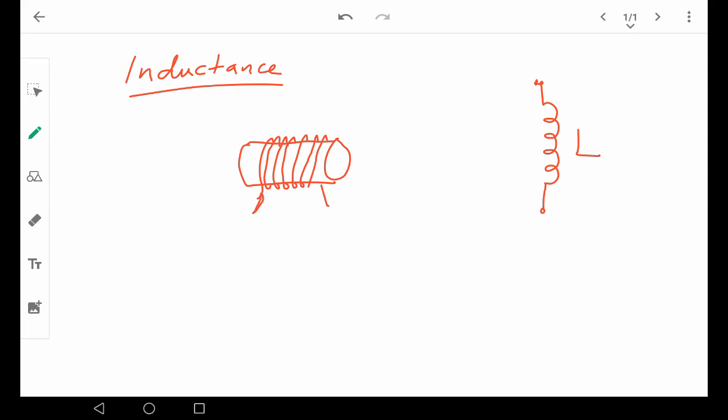These are the two terminals of the inductance. This is the core, and this is the winding with N turns. You wind N turns around the core to make the winding.